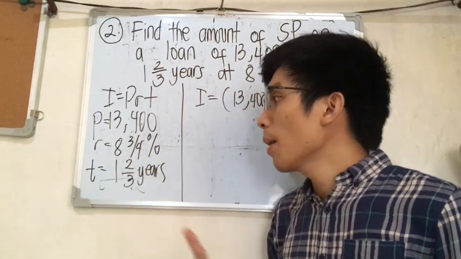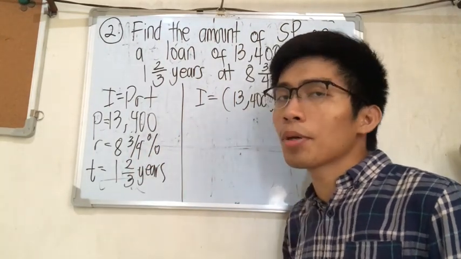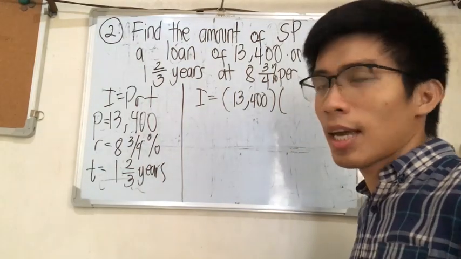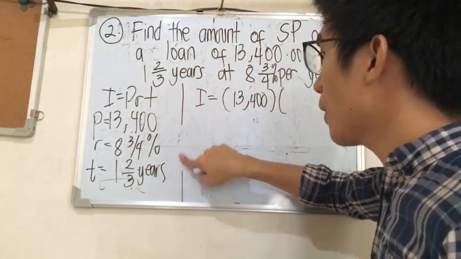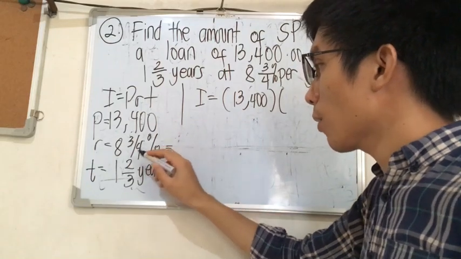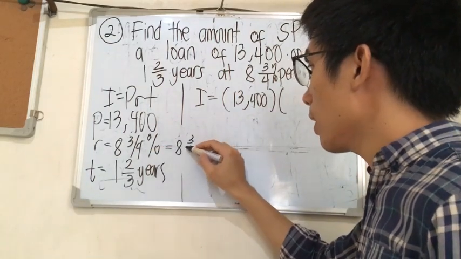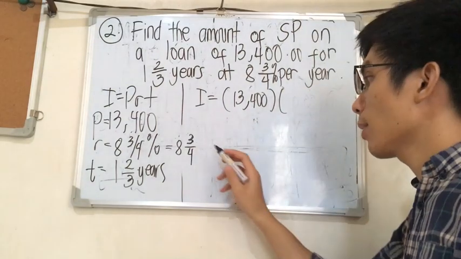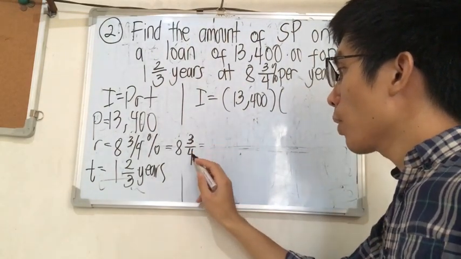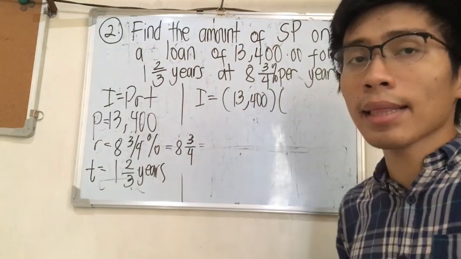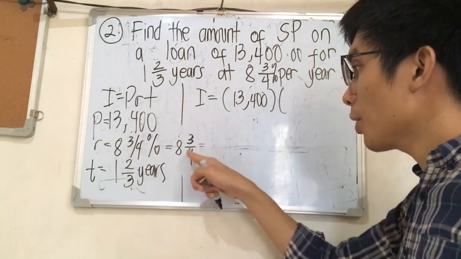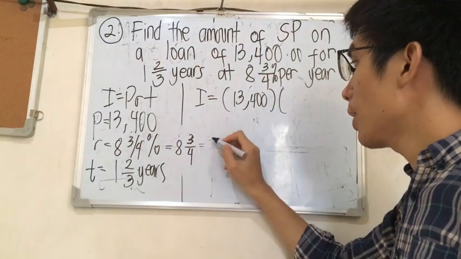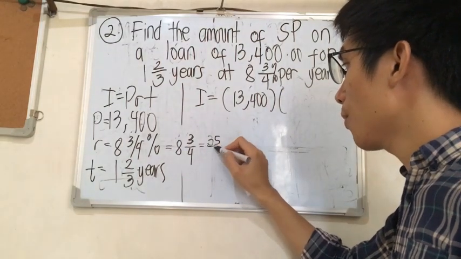What is my rate here? And obviously, my rate is a whole number plus a fraction, or in short, a mixed fraction. Okay? Again, how are we going to convert this one? We have 8 3/4. We have to convert this one into decimal. So what we are going to do is multiply 4 times 8, that is 32. 32 plus 3, that is 35, over 4.